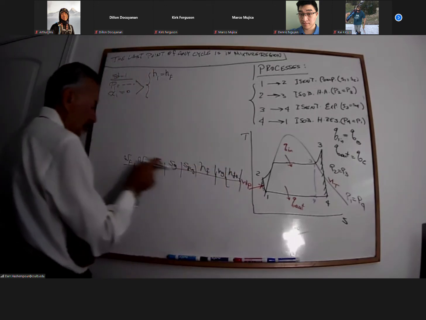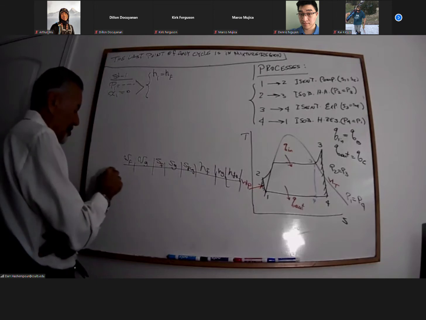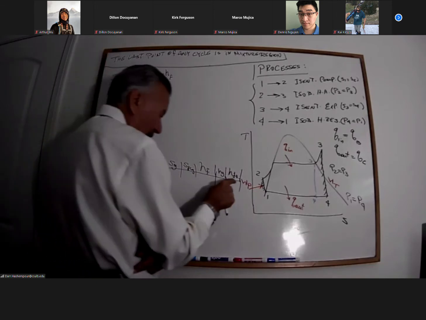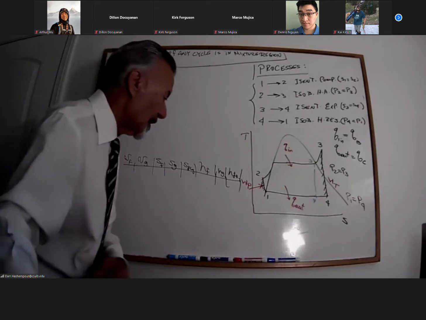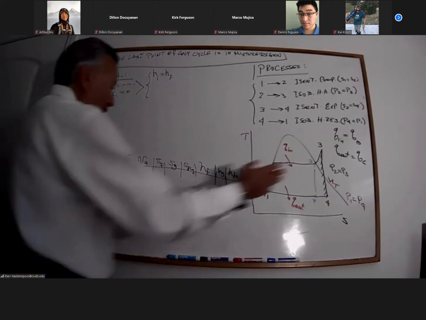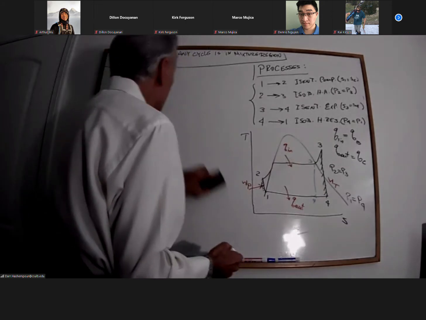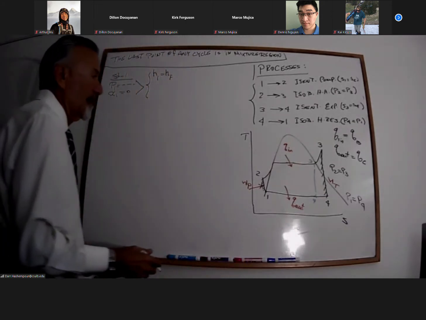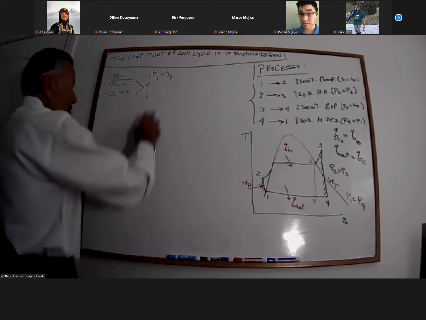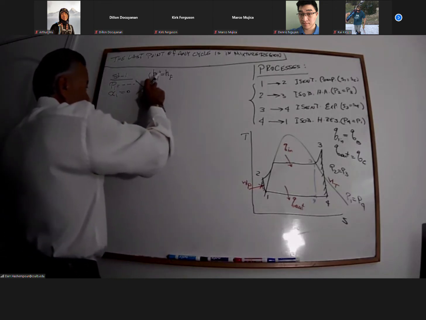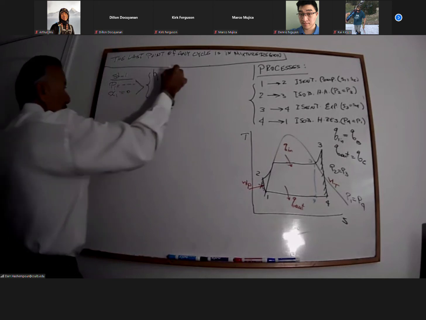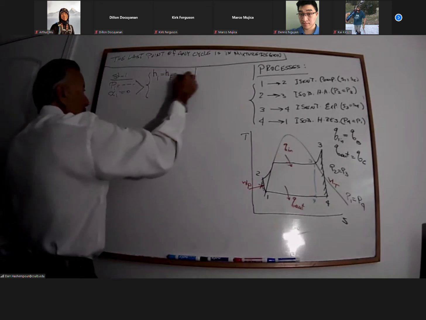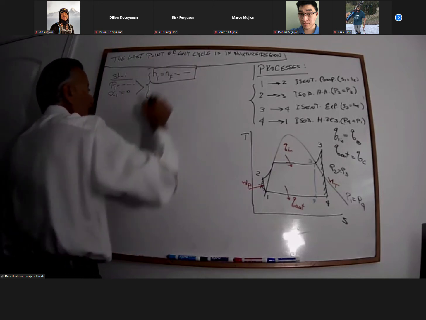So you have all these values. You look at the pressure line and keep on going and find whatever you are looking to find. Now, we are in the liquid side. F represents the fluid or liquid. So H of F, when we found it from the table, that comes as H1. That would be H1 value.